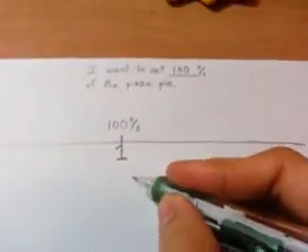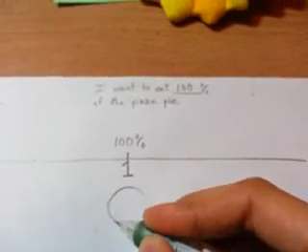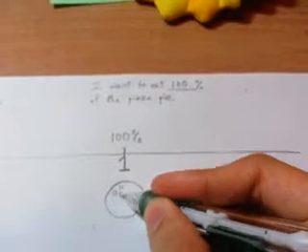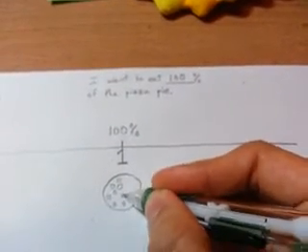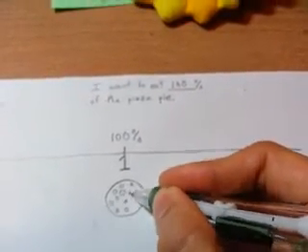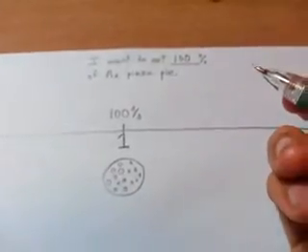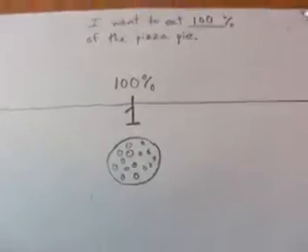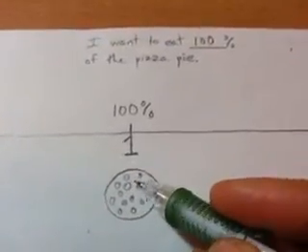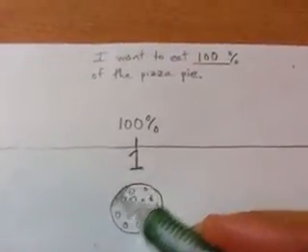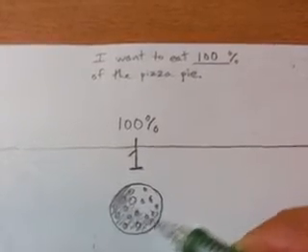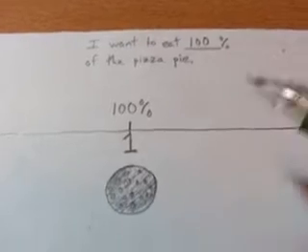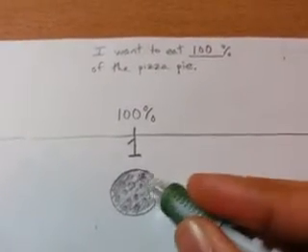Usually that means I have a pizza pie, and let's put some black olives on there, because I love black olives. Actually it looks more like a cookie or a moon. But anyway, if I want 100% of it and I shade in the part that I want, that means I would shade the entire pizza. I want the entire thing.